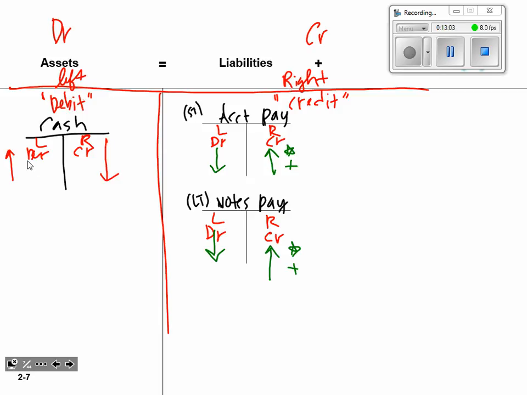What if I pay cash on account? I'm paying my bill, $100. Okay, I'm going to always do the debit first. So I'm going to put my debit first, but I see a down arrow. What's going to happen to cash if I paid cash?